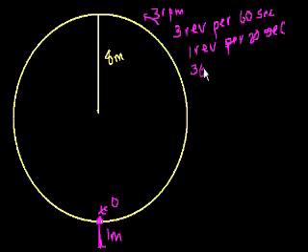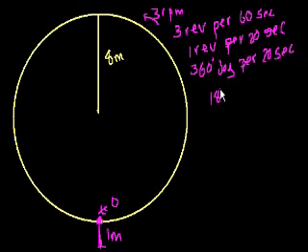So it's 360 degrees per 20 seconds. You can just use the per as an equals sign. What's 360 degrees per 20 seconds? That means you're going to go 18 degrees. Just divide both sides by 20. 18 degrees per second.